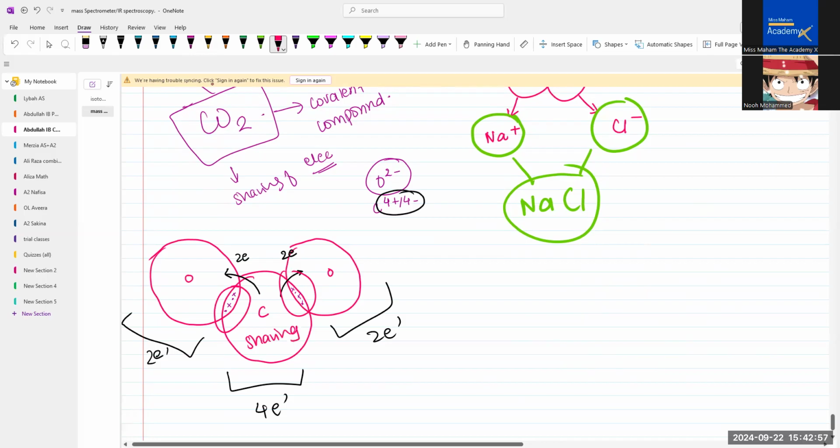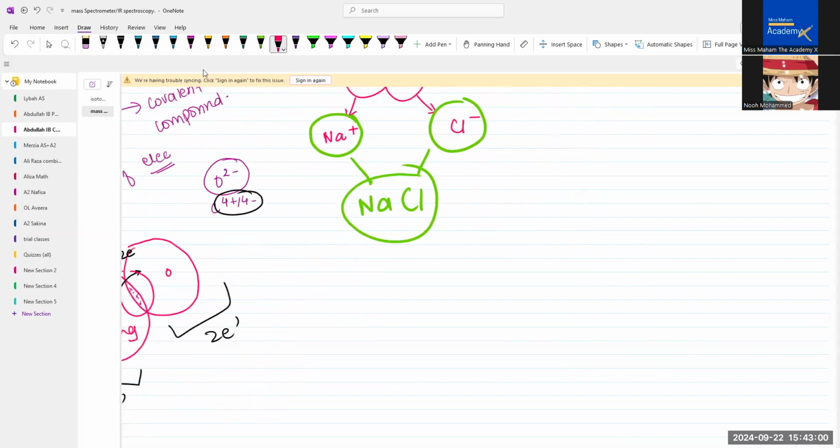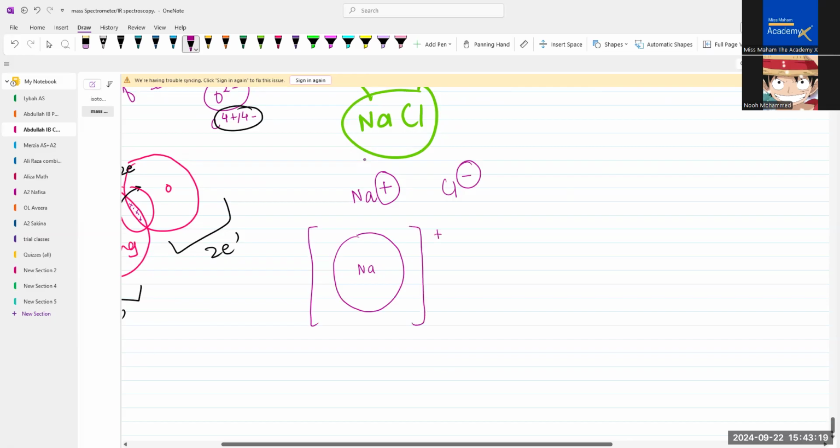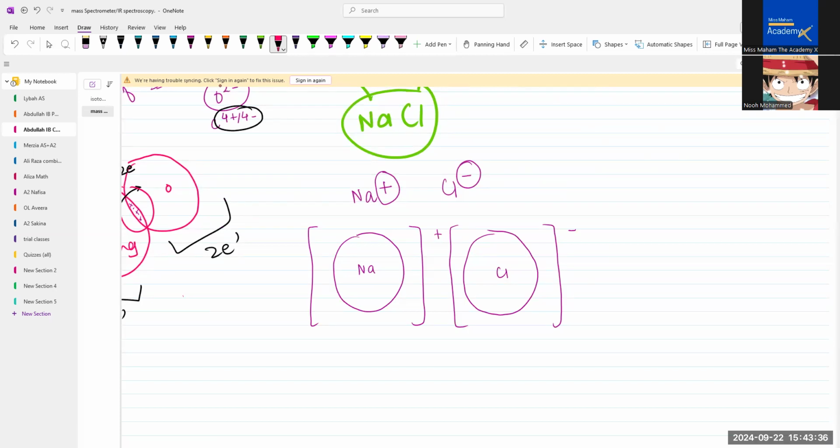But in the case of an ionic compound, if I look at NaCl, Na donates 1 electron, Cl takes 1 electron, right? So if I'm making an ionic compound, here's my sodium atom, Na plus, and here's my chlorine atom, which is a Cl minus. So how many electrons do we have in the outer shell of sodium? Sodium's number is, hydrogen, helium, lithium, beryllium, boron, carbon, nitrogen, oxygen, fluorine, neon, sodium.